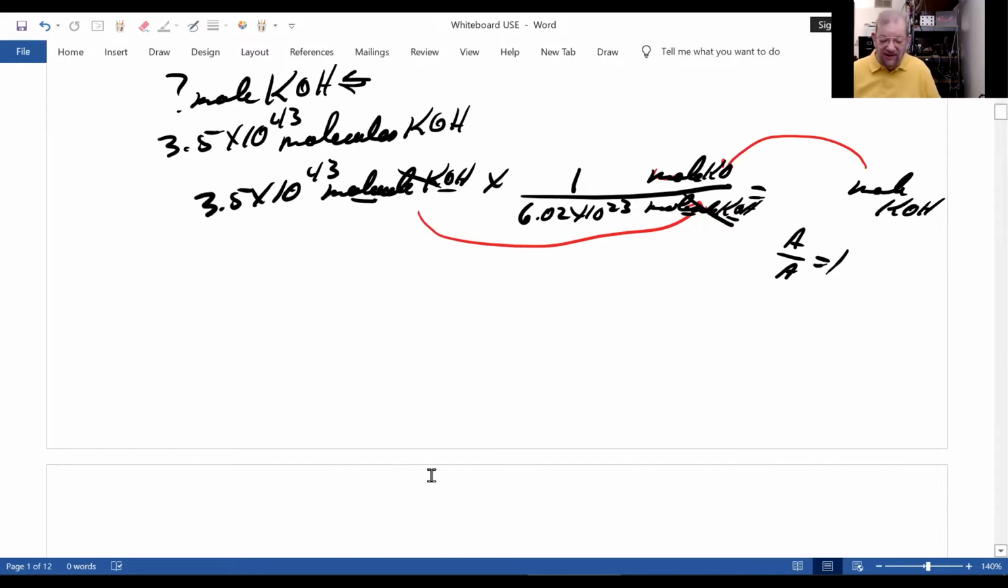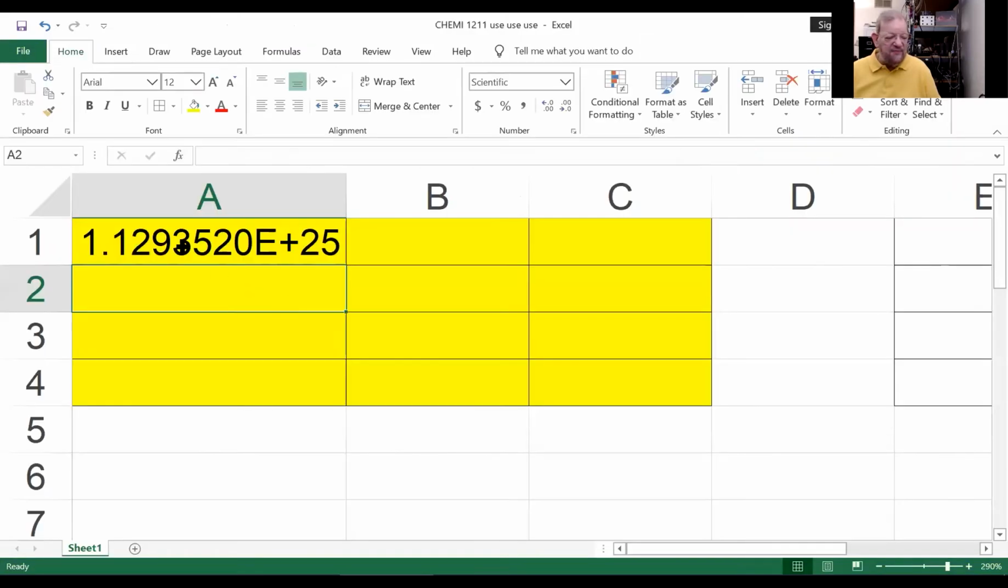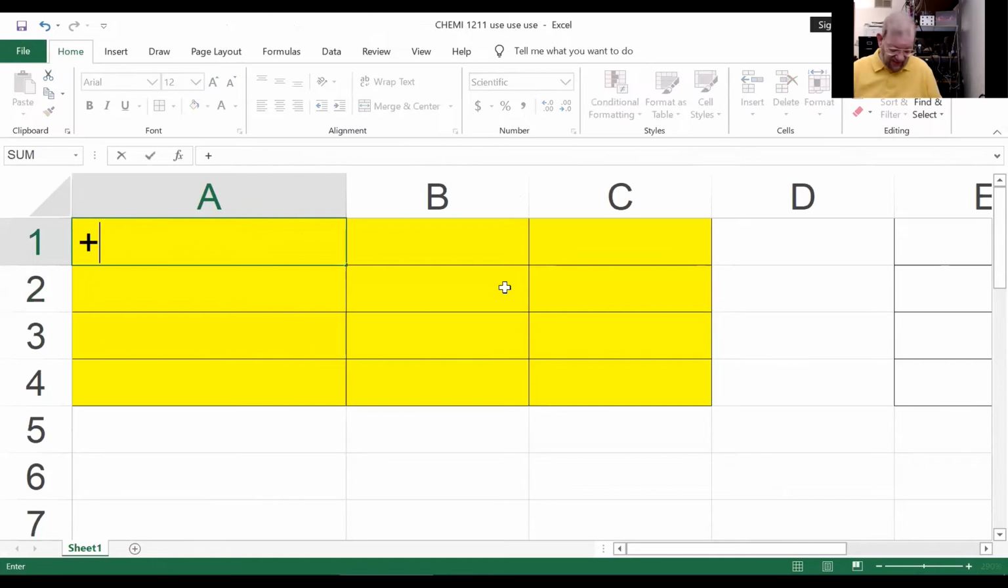Remember, show your work like I did, and if you make a mistake, you won't lose all points. So I have 3.5 times 10 to the 43rd. Notice that's two significant figures.